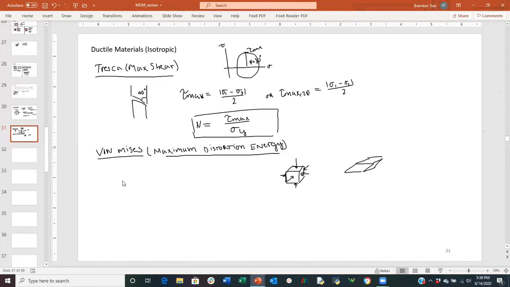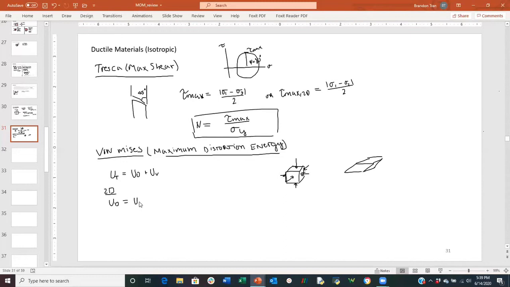So essentially, the total strain energy density of a material would be that distortional energy plus that volumetric energy. If you rearrange this for a 2D case, we only have the distortion energy on the left-hand side.